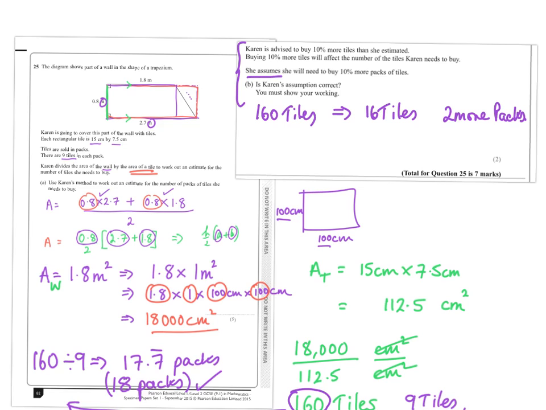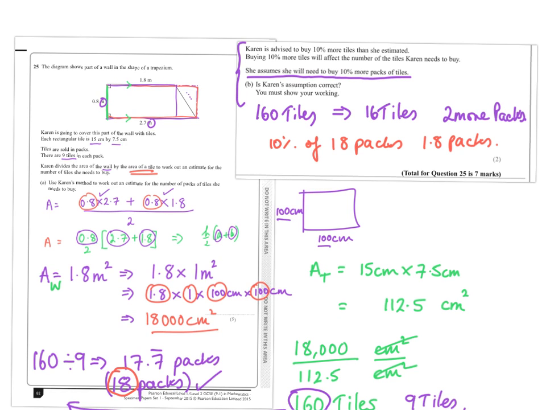And she assumes she will need to buy 10% more packs of tiles. But she, by her estimate, purchased 18 packs, and 10% of 18 packs is 1.8 packs.